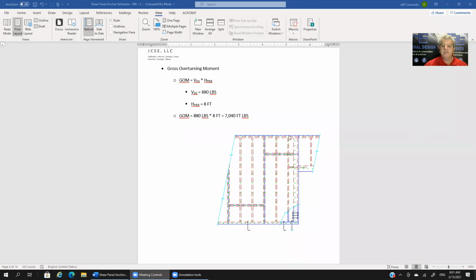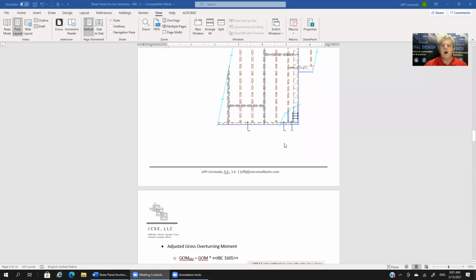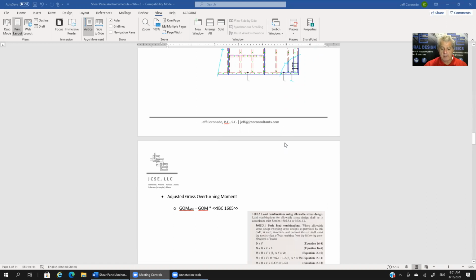Now remember, what we've just calculated is a theoretical gross overturning moment. However, what we want to know for real world situations is the design gross overturning moment. That depends on the region where you're at, what factors need to be applied to that gross overturning moment.